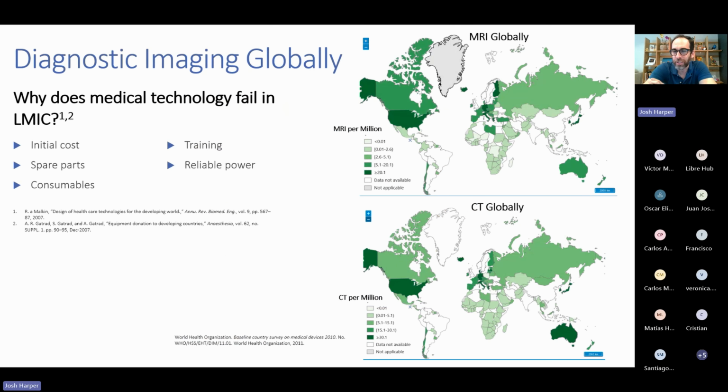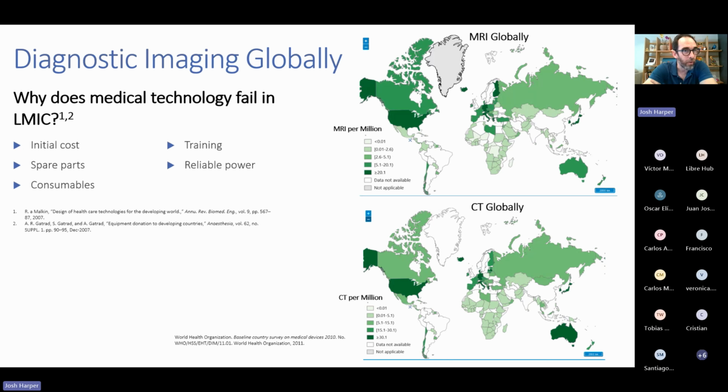Because when you start looking at the health technologies that exist in the world in terms of its density, especially MRI or CT imaging, which are important diagnostic technologies, those very regions of the world are the ones that really lack the resources. So we've got the disease on the one side that's higher, and then we've got the resources that are much lower. And yet that creates a big rift in the treatment care pathway.